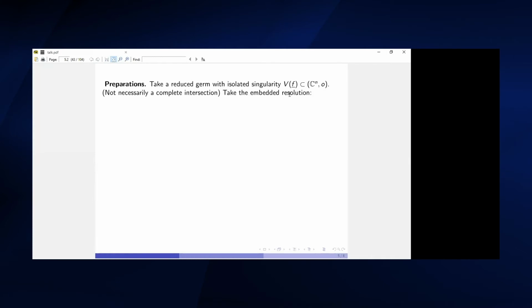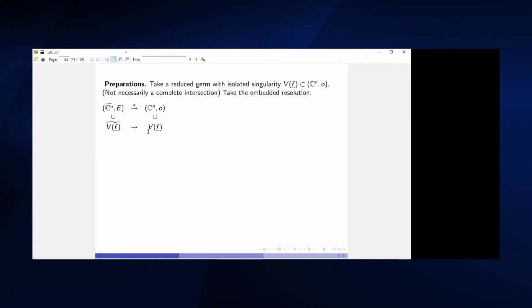And take the embedded resolution. Here it is. As always, we blow up our germ of Cn at the origin, and then we arrive at some resolved space, the blown-up space, and we have the exceptional divisor. It is usually reducible, consisting of many components.